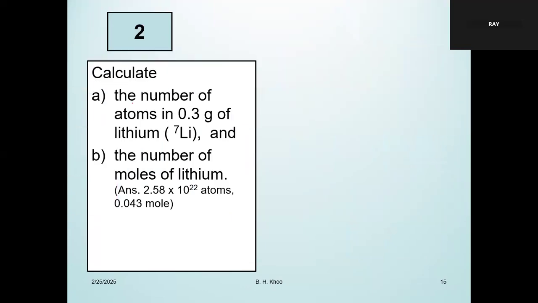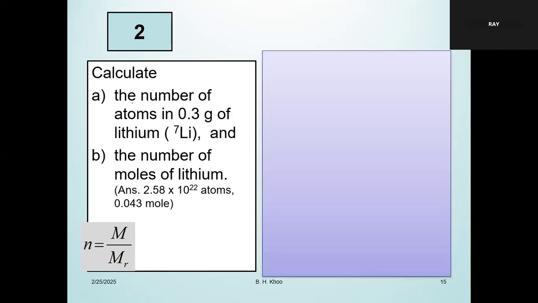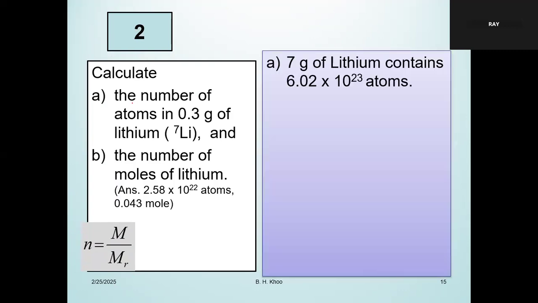Okay, number 2. Calculate the number of atoms in 0.3 gram of lithium and the number of mole of lithium. Can get the answer? Okay, basically using the formula, that's all. 7 gram of lithium contains 6.02 times 10 to the power 23 atoms.